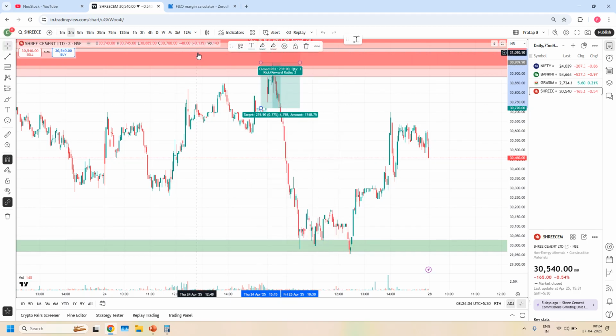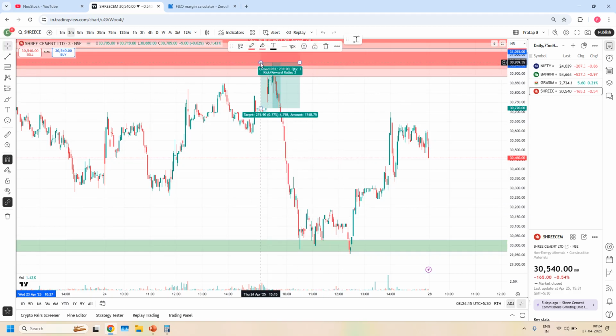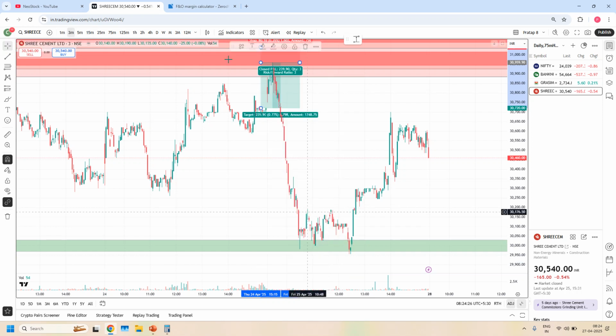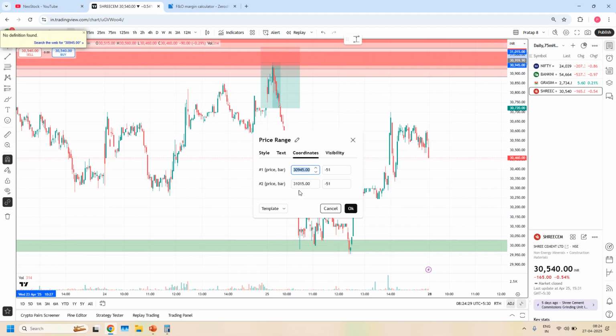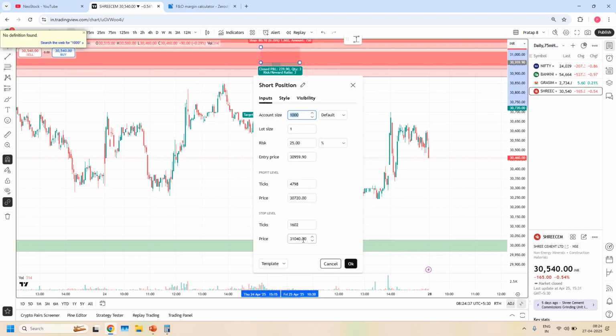Sorry, 30,945 is the entry. 31,015 should be your distal line, but instead of that, you kept it a little higher: 31,040. What is the difference? 25 rupees difference. I am using a 25 rupees higher value.